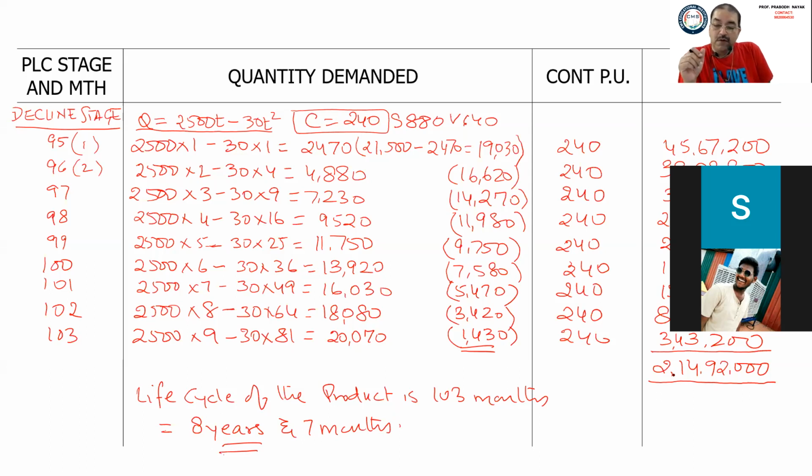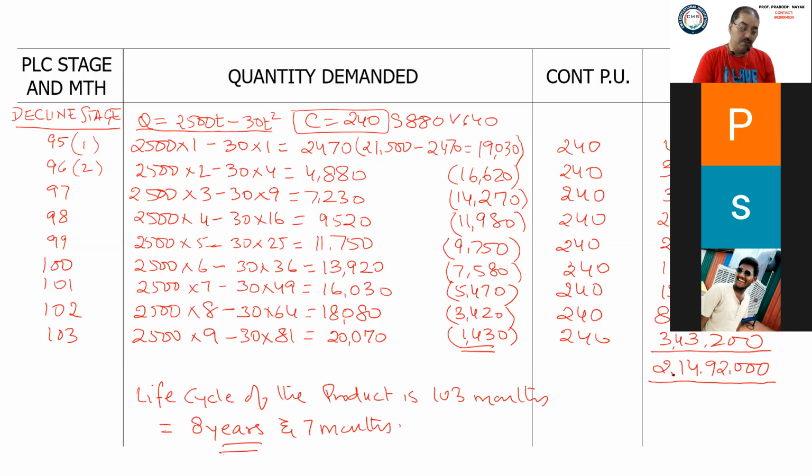Correct only. 45 lakh 67, 39 lakh 88,800, 34 lakh 24,800, 28 lakh 75,200, 23 lakh 40, 18 lakh 19,200, 13 lakh 12,800, 8 lakh 20,800, 343,200. Total is correct. 2 crore 14 lakh 90.